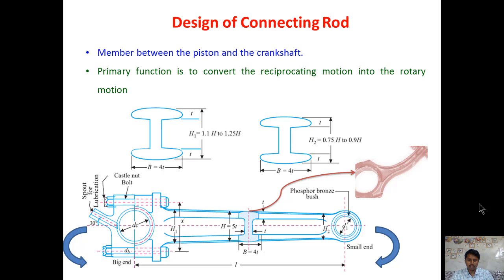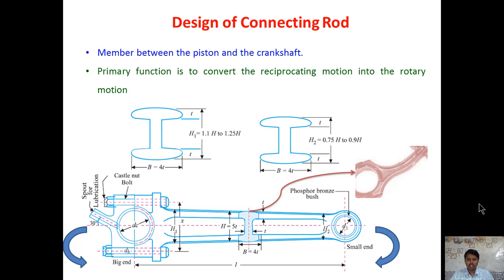This is connected to the piston using a piston pin, whereas the big end is a split end where the split cap is joined using a bolt, and this end is connected to the crankshaft using a crank pin.